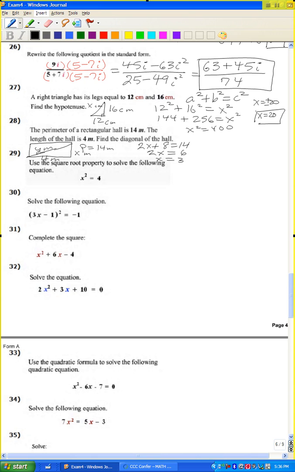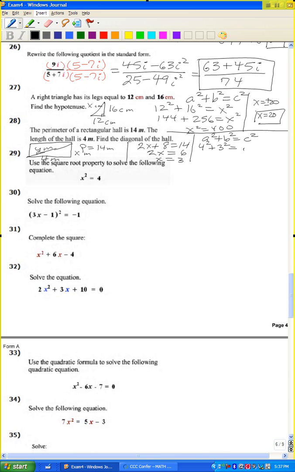Then by the Pythagorean theorem, a squared plus b squared equals c squared. So 4 squared plus 3 squared is y squared.